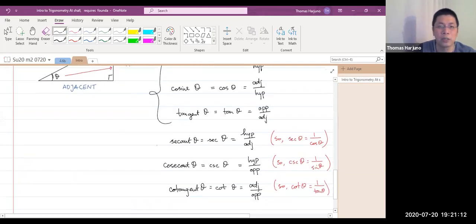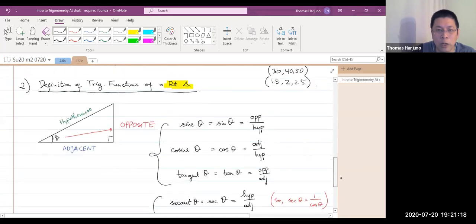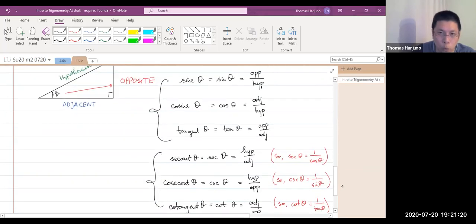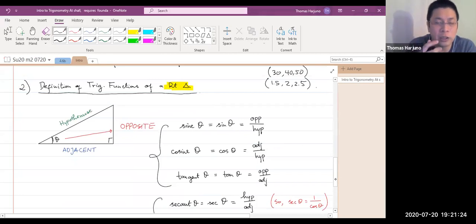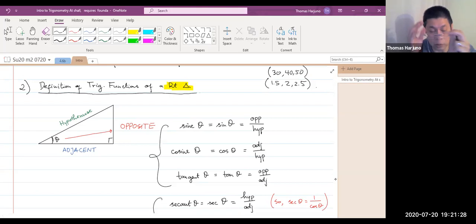Now, I call this second group the secondary trig functions because we don't really talk about them that much. We do, but not that much compared to sine, cosine, and tangent. The amount of work we apply to sine, cosine, tangent is at least 20 to even 30 times more than secant, cosecant, and cotangent.